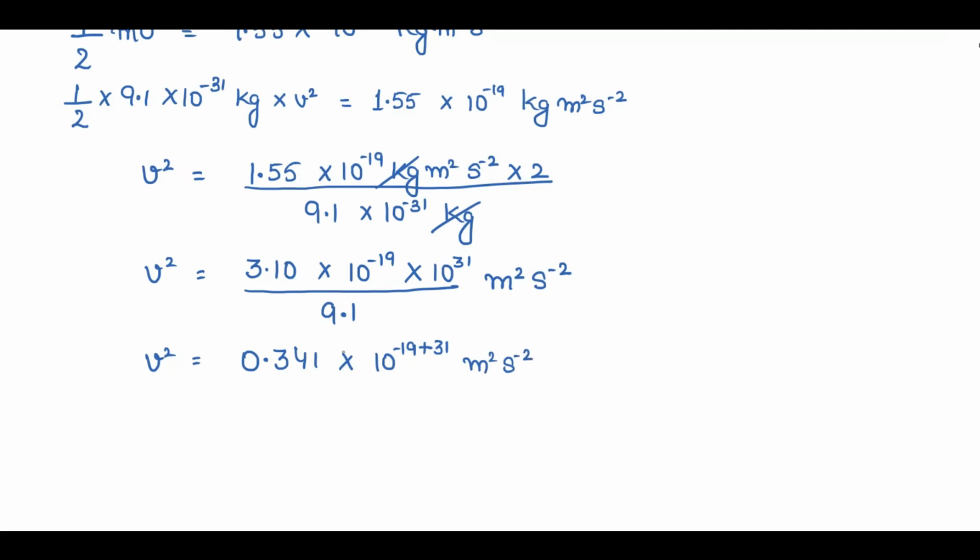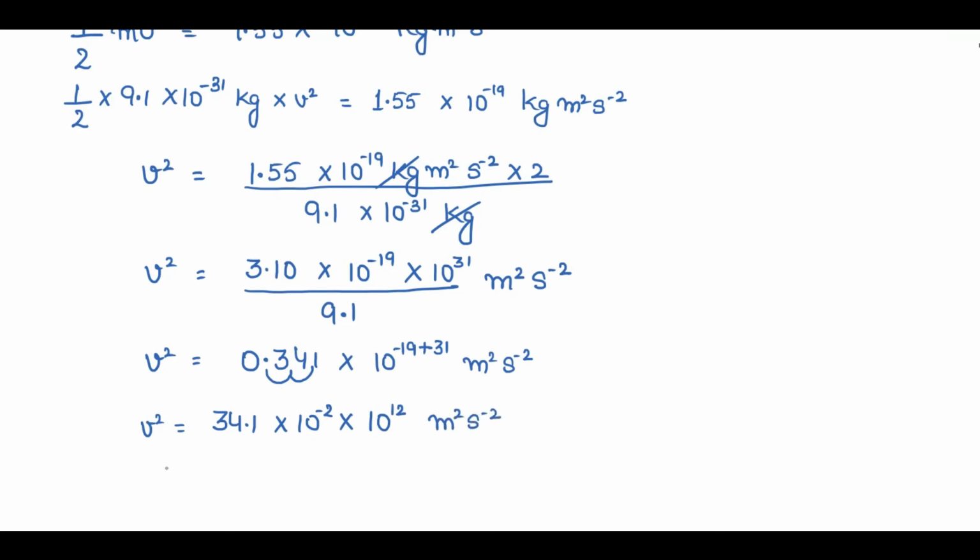To solve the square root, I want 2 digits on the left side of the decimal, right? So I am displacing this decimal by 2 digits. Definitely the power will be negative because the decimal is displaced from left to right, right? So it will be 34.1 into 10 raised to power minus 2 into 10 raised to power minus 19 plus 31, that will be 10 raised to power 12, units meter square second inverse square, right?